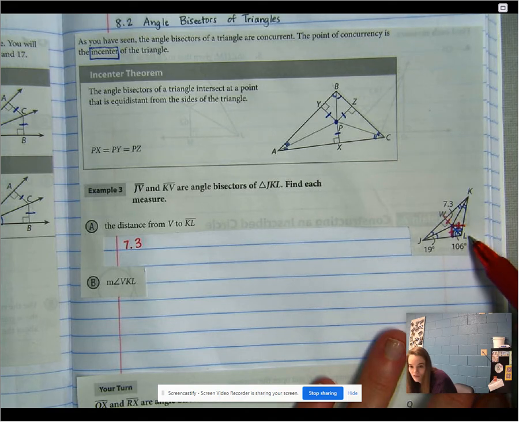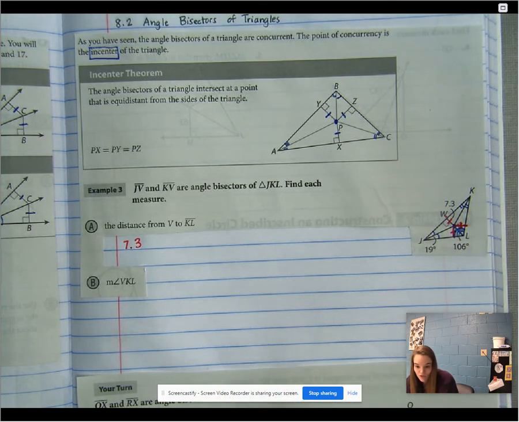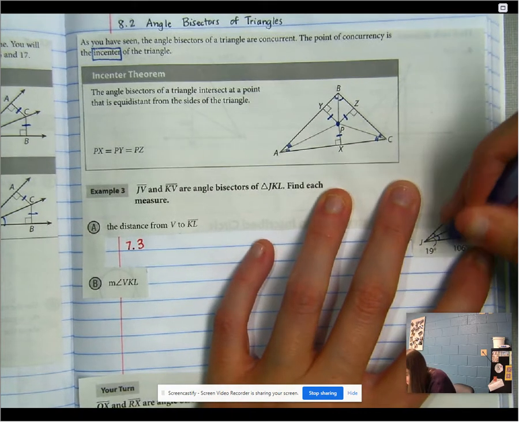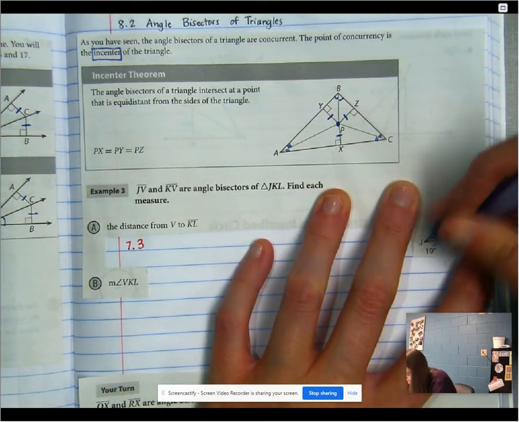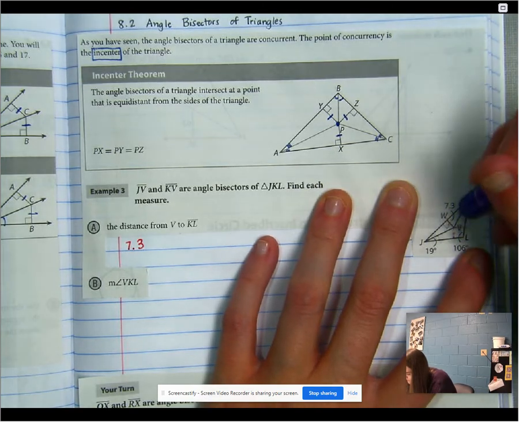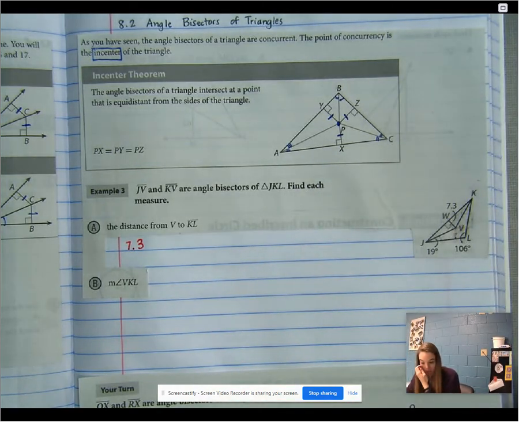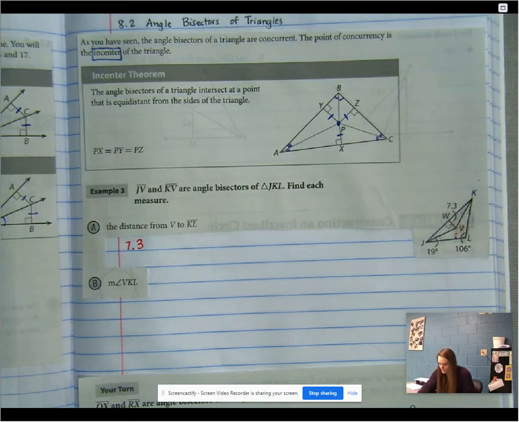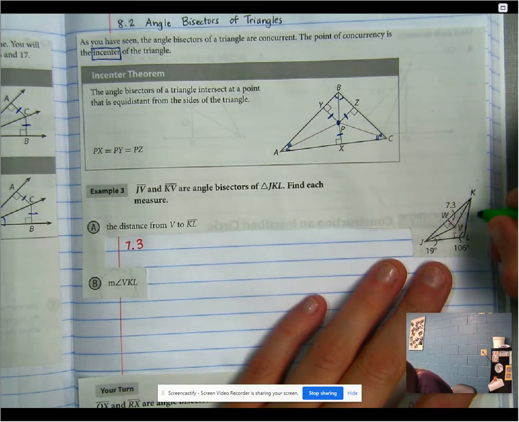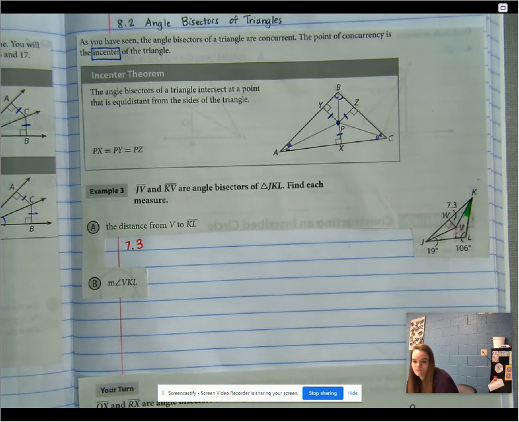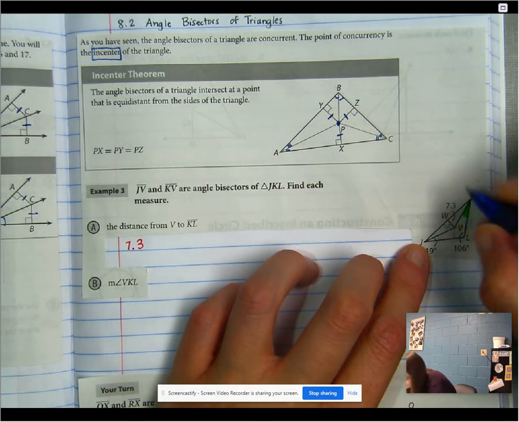VKL. I'm going to start erasing some pieces because it gets really messy. That's why I should be doing this in something you can erase. VKL is this piece right here. I have 19 degrees here.